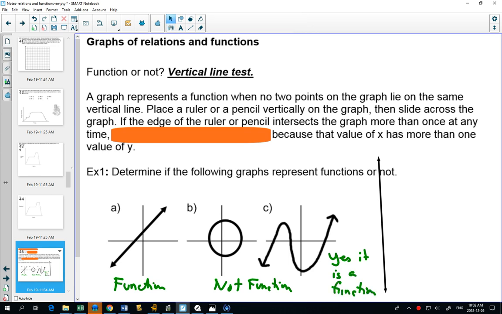And the third one is a function. So we slide that vertical line across the graph. If that vertical line touches it more than once, then the relation is not a function. And it has a nice name for helping you remember what it's supposed to be, the vertical line test.